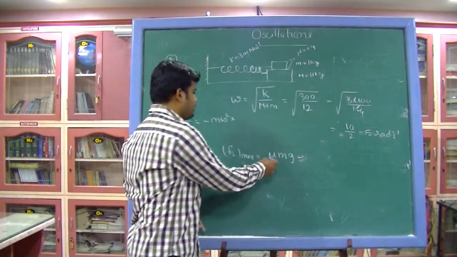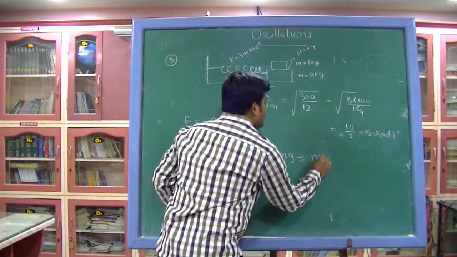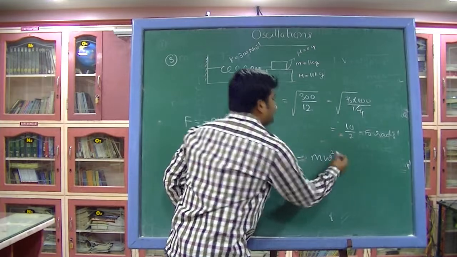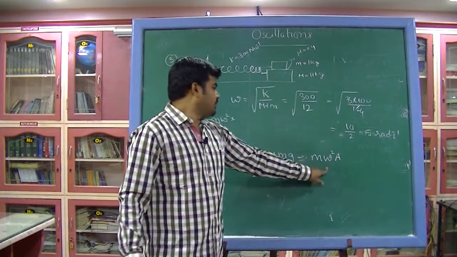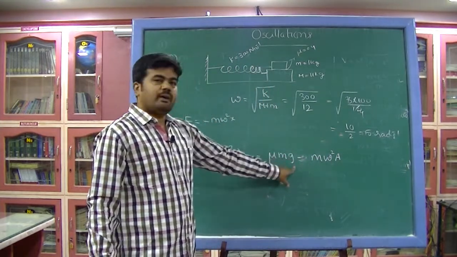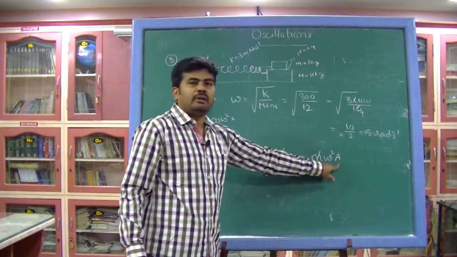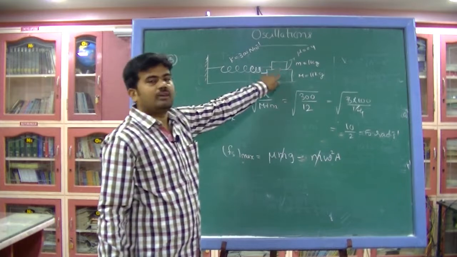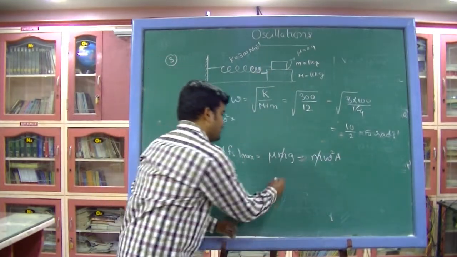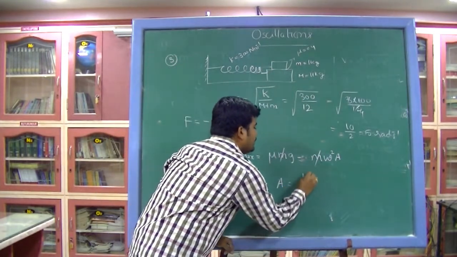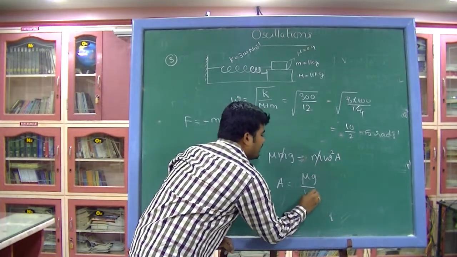So, let me write it as mu mg equal to m omega square a. Because I know the omega square value and the mu and g values, here I can cancel small m. So, I can find out the value of amplitude for which the blocks will not slip on one another. So, let us find out. So, a is equal to mu into g divided by omega square.